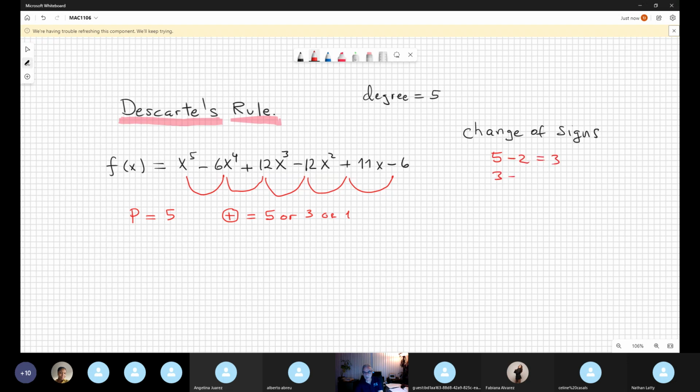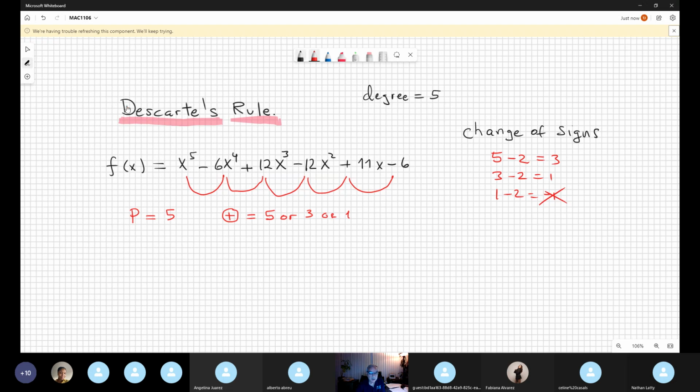You take 3 minus 2 is 1. And 1 minus 2 is negative 1, which makes no sense, so you stop at 1. So Descartes says the number of positive zeros of that polynomial is 5 or 3 or 1. Actually, when I finish, it's 3, but it's okay.